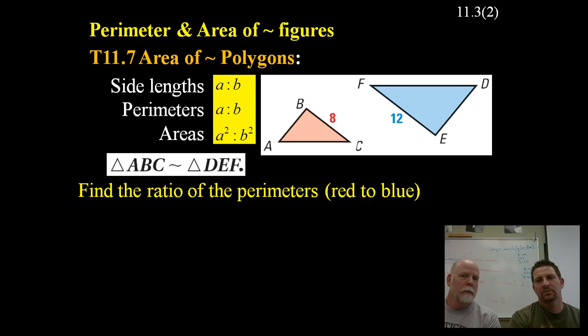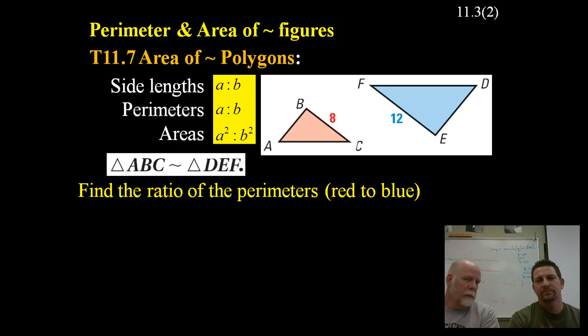You can see the title here is Perimeter and Area of Similar Figures, so we're actually doing both, perimeter and area. It's all summarized right here in this yellow box. If the side lengths are in a certain ratio to each other, then the perimeters are in that same ratio, because you're just adding them up anyway.